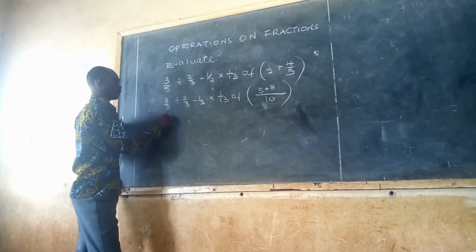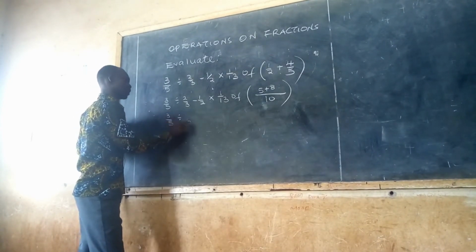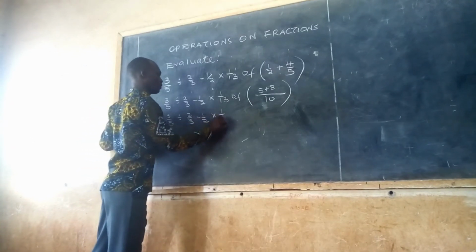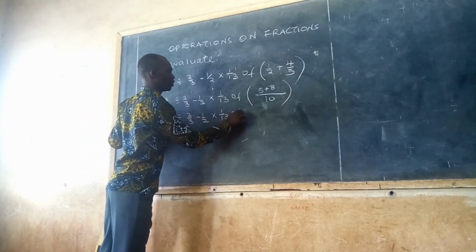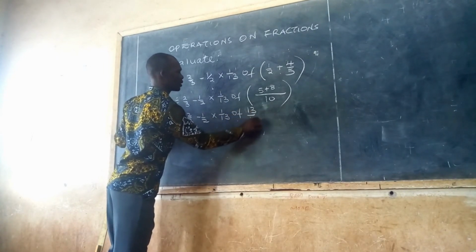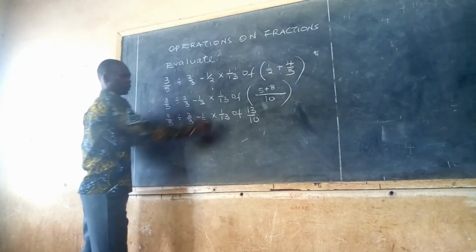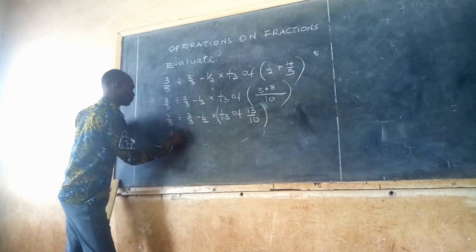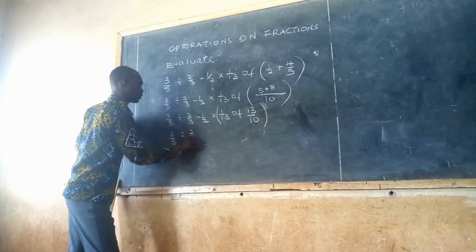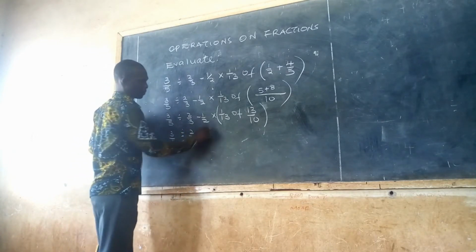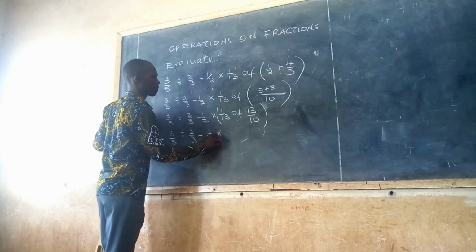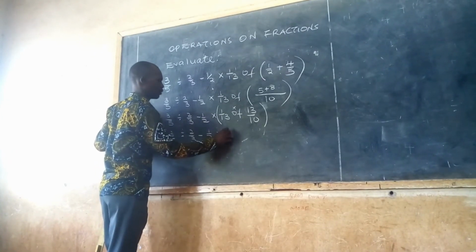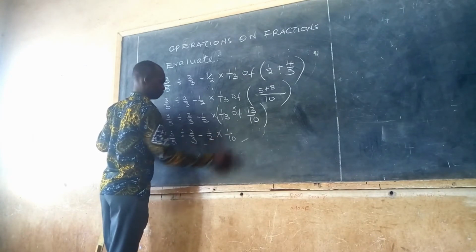So I have 3 over 5 divided by 2 over 3 minus a half times 1 over 13 of 13 over 10. Next, of means multiply, that will give me finally 1 over 10.